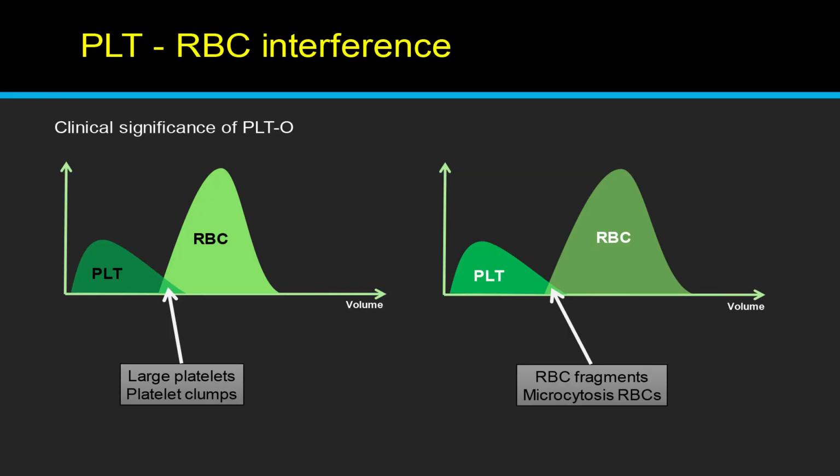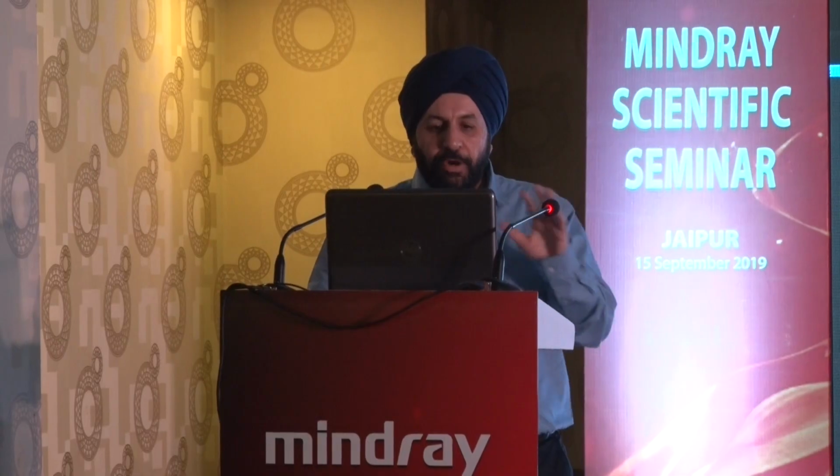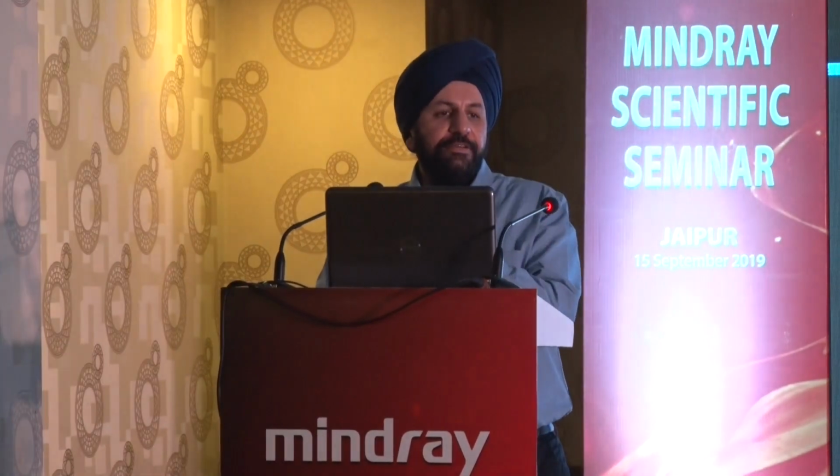Hence came the use of the optical platelet, where you could differentiate giant platelets and platelet clumps from RBC fragments or microcytic RBCs better. The common flags for platelets are platelet abnormal histogram, thrombocytopenia flag, thrombocytosis flag or platelet clump flag. Broadly, if you see any platelet flag, the ISLH criteria says that you must do a smear review.